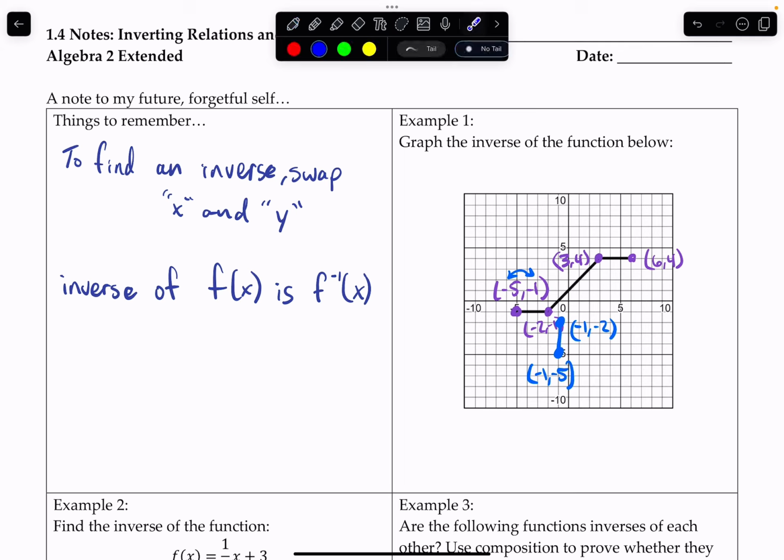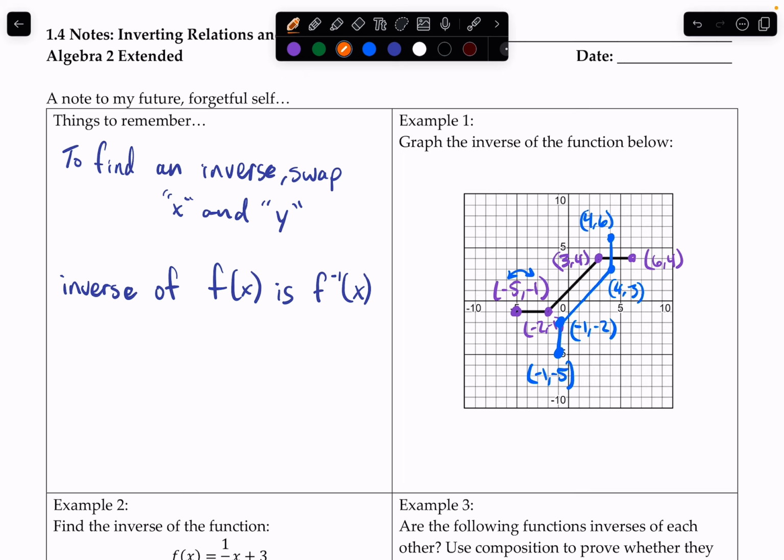So all I'm doing is taking these coordinates and reversing them. So I'm going to have one at 4, 3. And finally one at 4, 6. Whenever I connect those dots, you can see that that blue line is inverted from the black line.